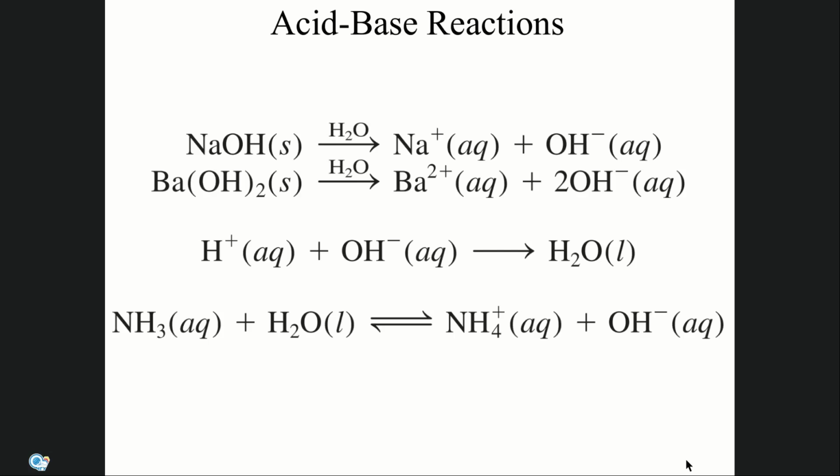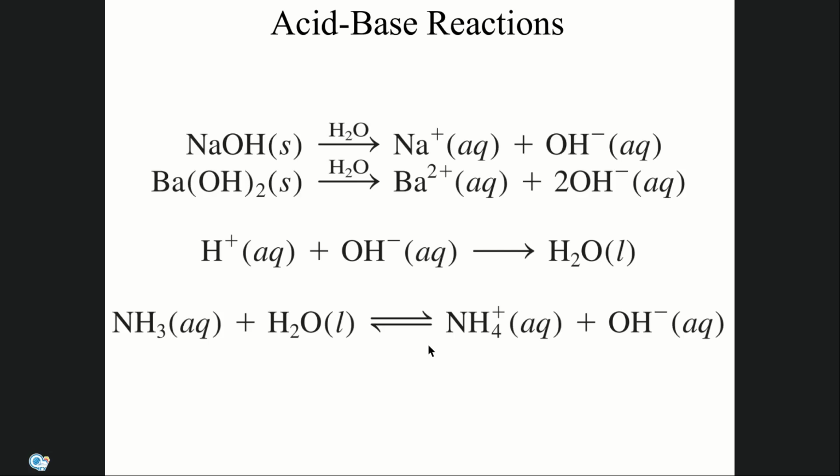Ammonia is classified as a Brønsted base because it can accept an H plus ion. You can see. Ammonia is a weak electrolyte and therefore a weak base because only a small fraction of dissolved ammonia molecules react with water to form NH4 plus and OH minus ions.